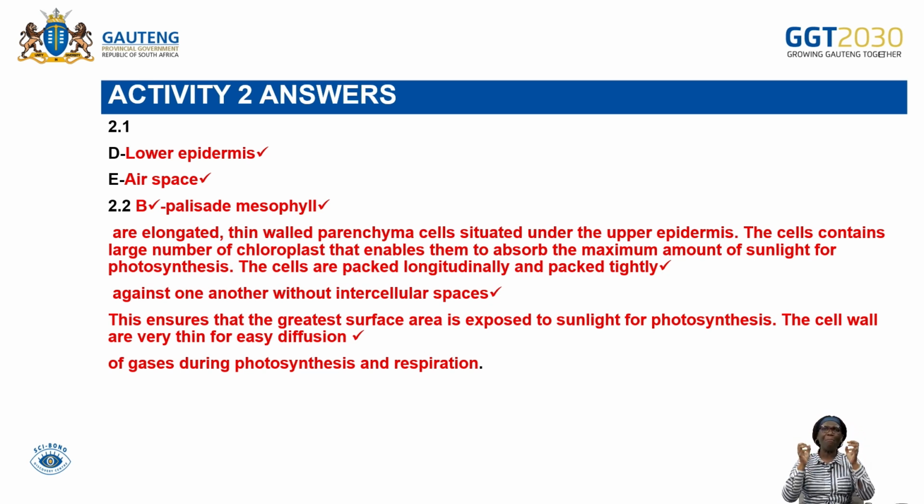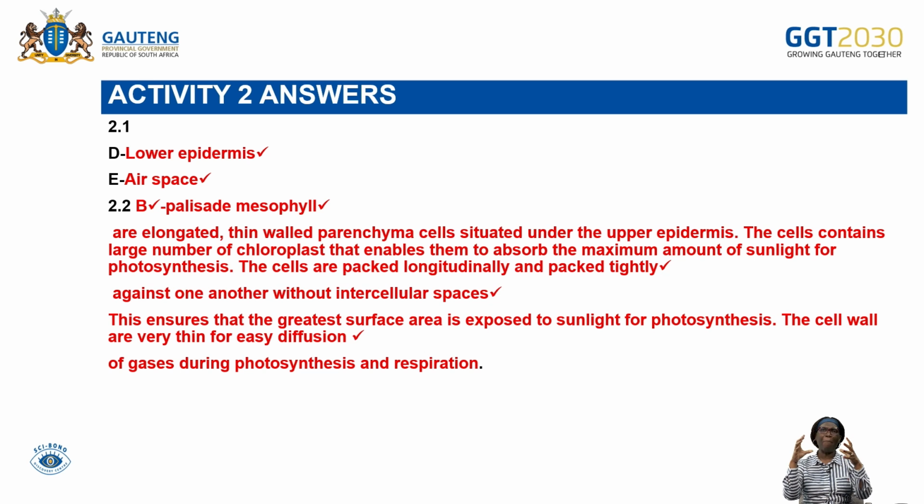So the large number of chloroplasts will enable it to absorb the maximum amount of sunlight for photosynthesis to take place. I am so happy you were able to answer this question correctly. So the cells are packed longitudinally and packed tightly to increase their surface area. Very good.